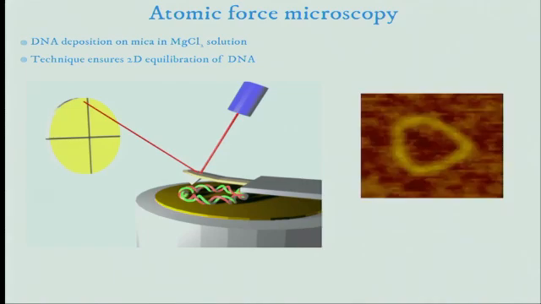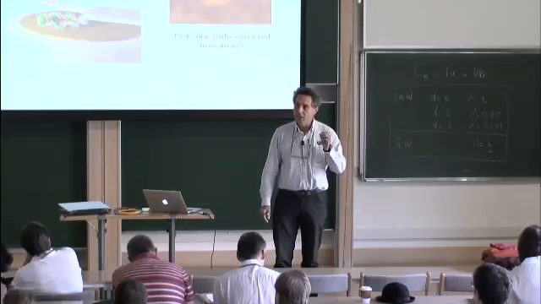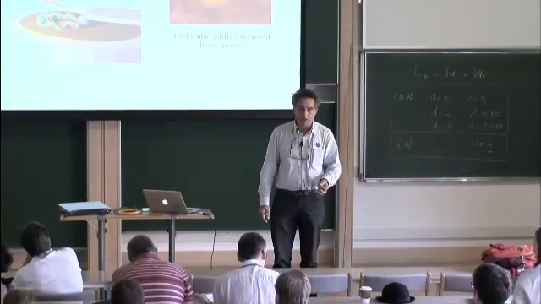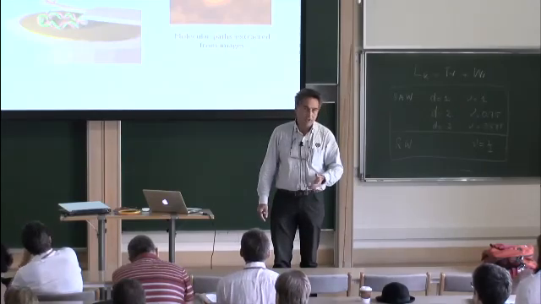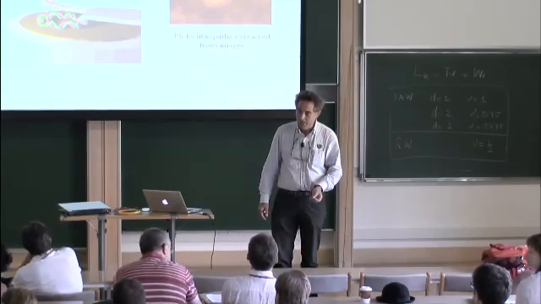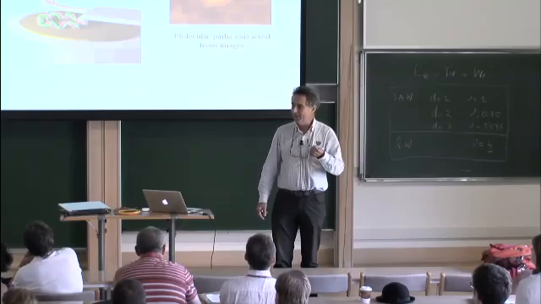Then we trace the molecule, and once we have traced it, we have the coordinates of the molecule, and then we know everything about the molecule. So then we are as good as any theoretician.